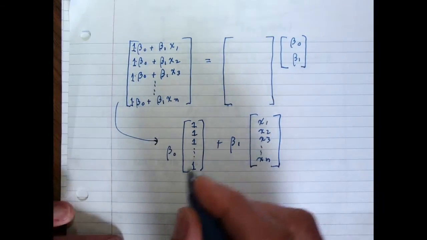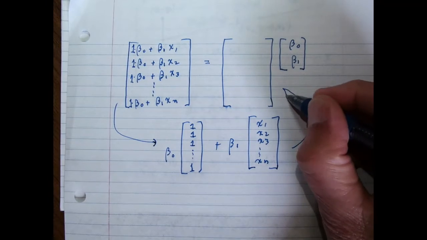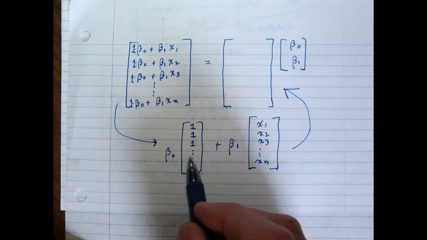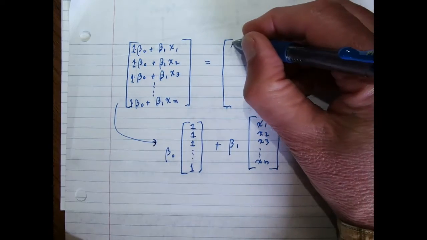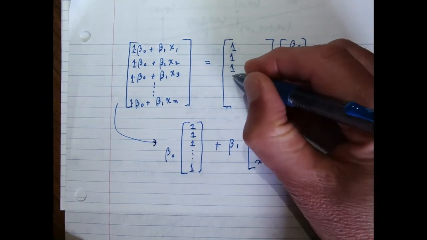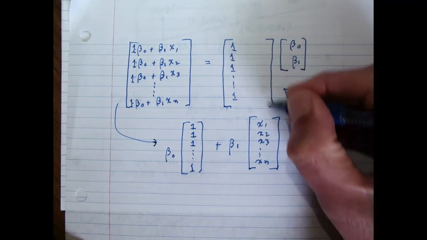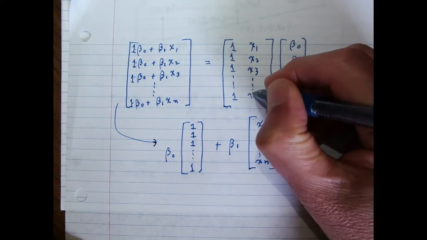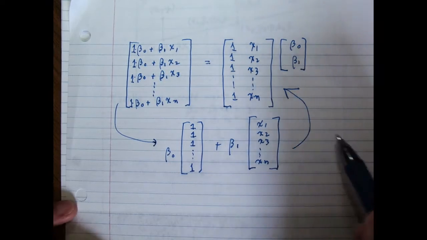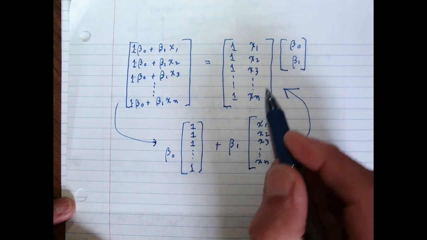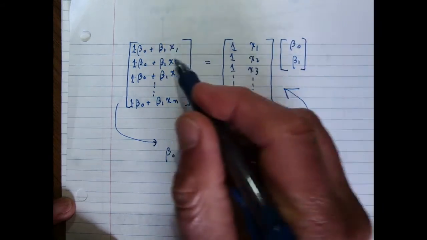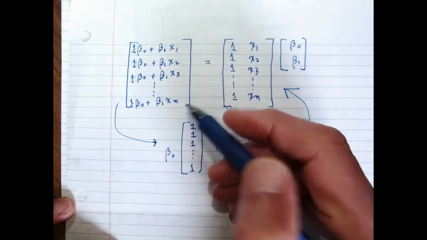And so working my way backwards through matrix multiplication, I can just make the 1s the first column, and x1, x2, x3 to xn the second column of the matrix, times the column vector beta 0, beta 1. That will give me this, okay?